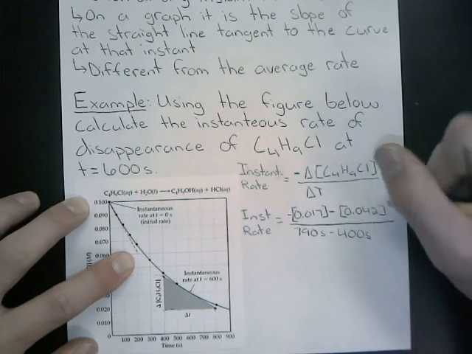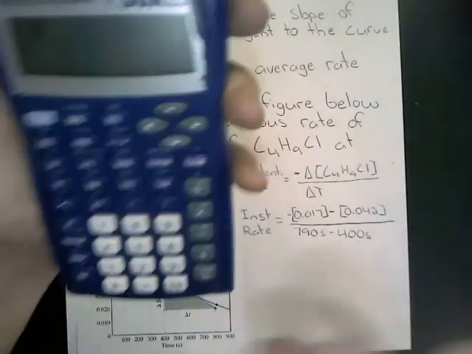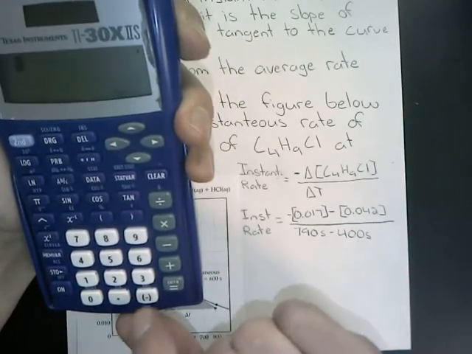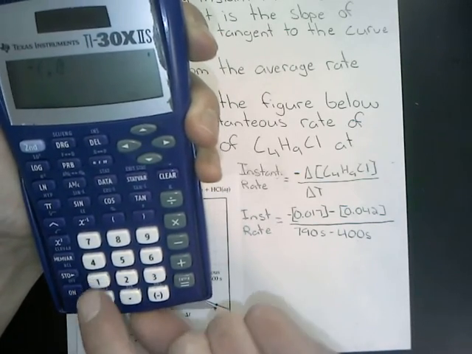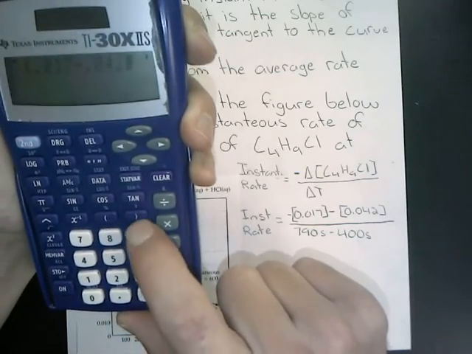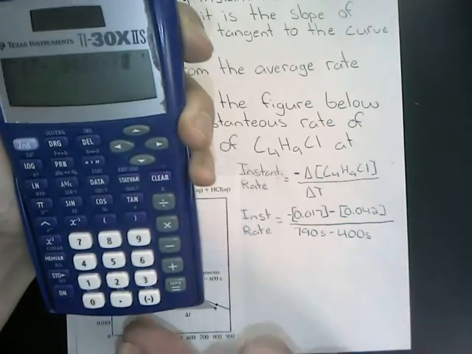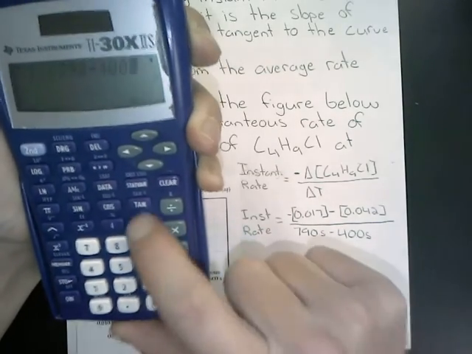So to be able to calculate the instantaneous rate, we just do a very, very similar thing that we did from our values last time. So we have a negative. Very important that we do that. So we have 0.17 minus 0.042, all divided by parentheses 790 minus 400.